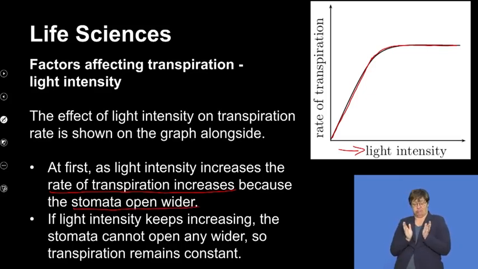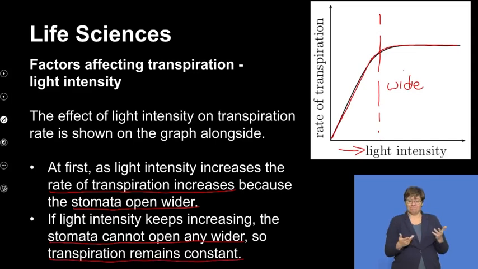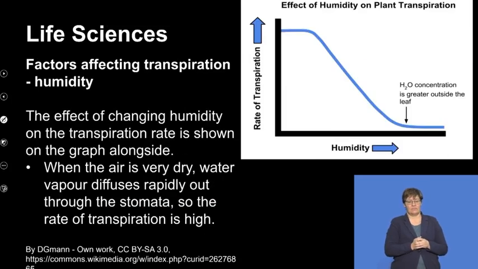But as we get to this section here, these poor stomata are as wide as they can get. They can't open any wider, and therefore the same amount of water moves out all the time, so the transpiration level remains constant.